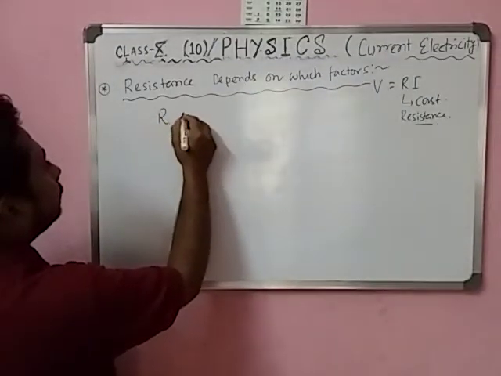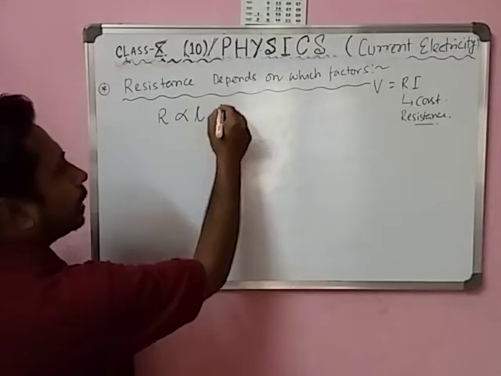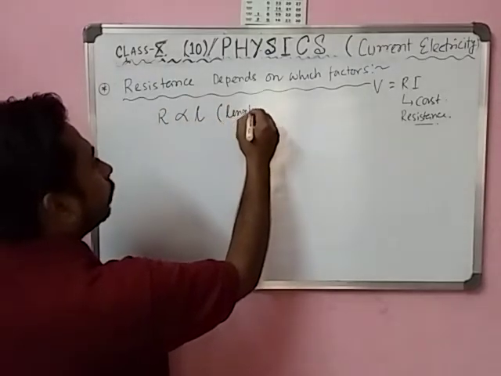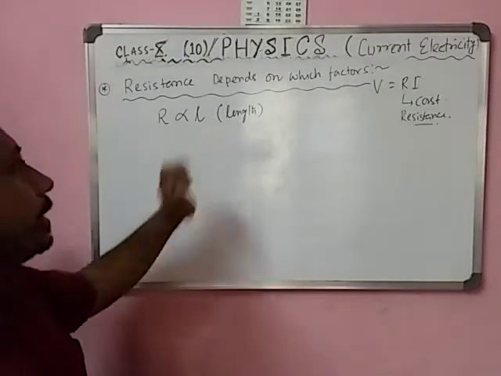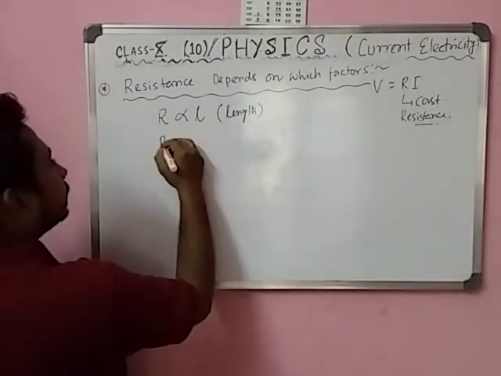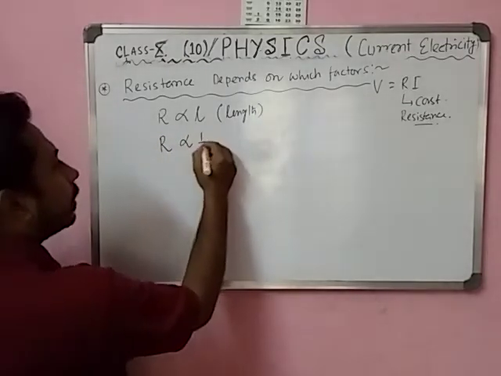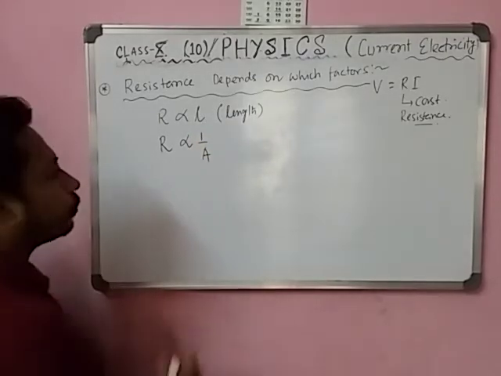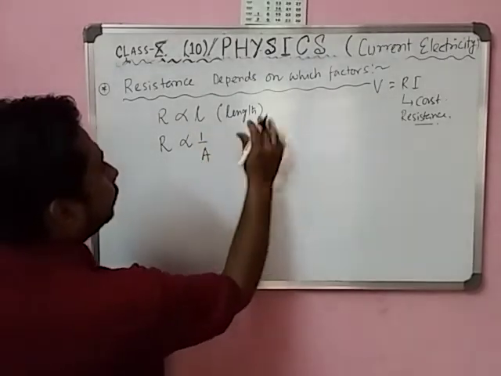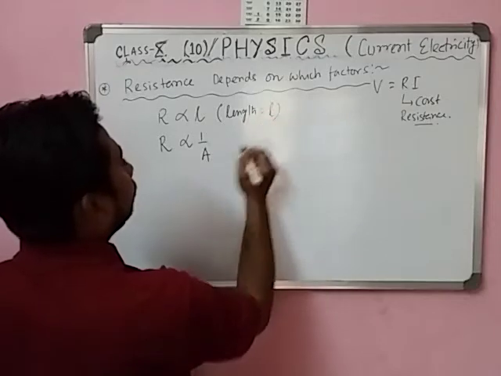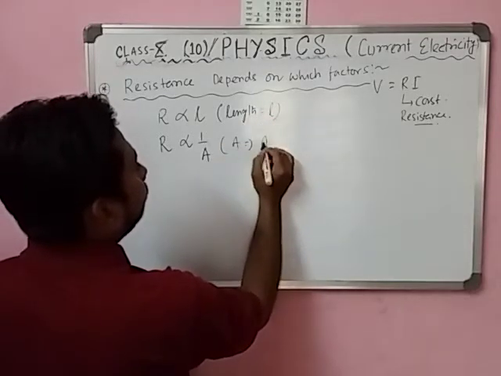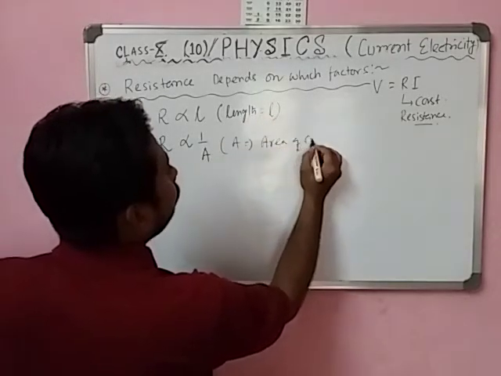So R is directly proportional to the length of the conductor. We can write length as L, and resistance is also inversely proportional to the area of cross section. We can write A as the area. L means length and A means area of cross section.